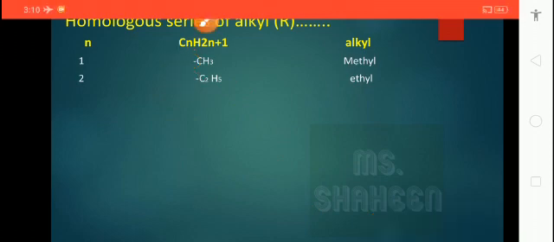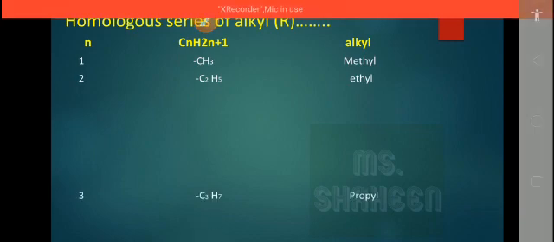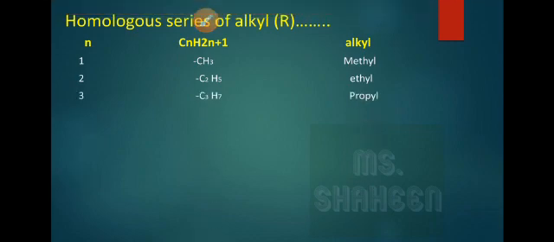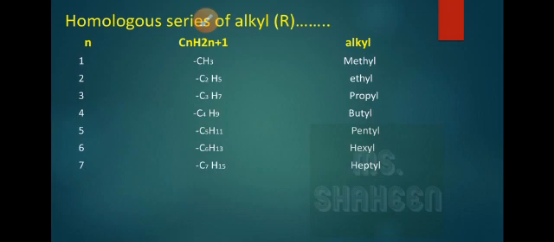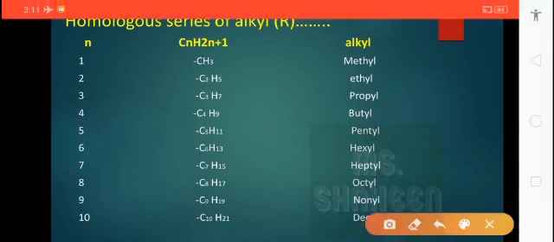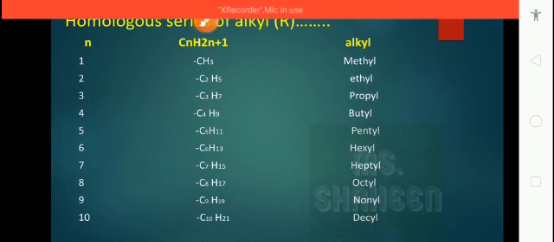The names of the homologs would be alkyl: methyl, ethyl, propyl, and next butyl, pentyl, hexyl, heptyl, octyl, nonyl and decyl. Students, that is the homologous series of alkyl, and you may see that one member of this alkyl group differs from the next by CH2.